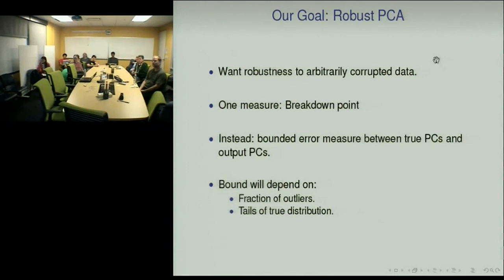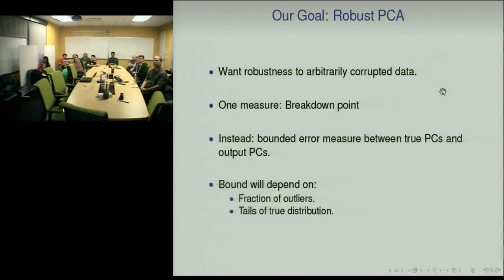If instead we take the median, then the breakdown point is half of the points. To change the median to an arbitrary point, the adversary needs to change half of the samples. So the breakdown point is an accepted measure of robustness in robust statistics. What we're going to try to do is bound the error between the true PCs and the PCs that our algorithm recovers.